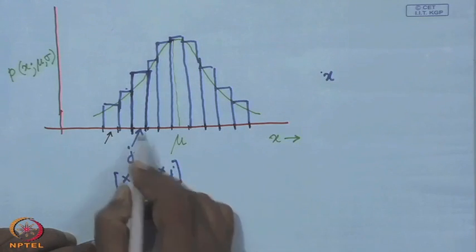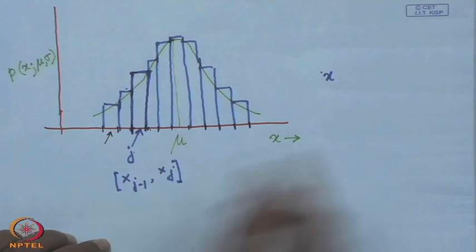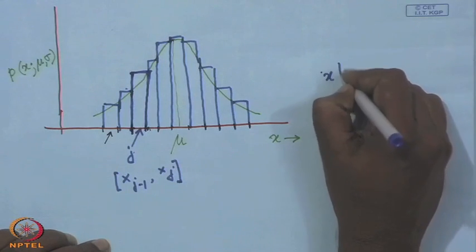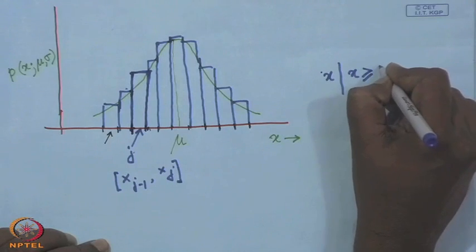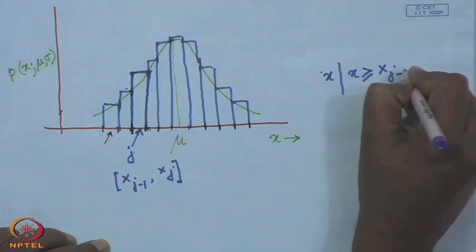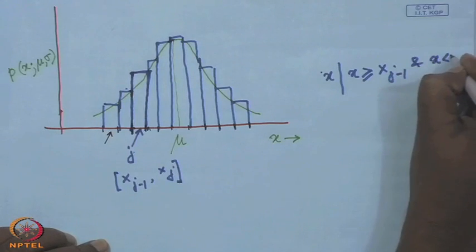So, these are the limits of this particular interval. So, all x where x is greater than or equal to x j minus 1 and x is less than x j.